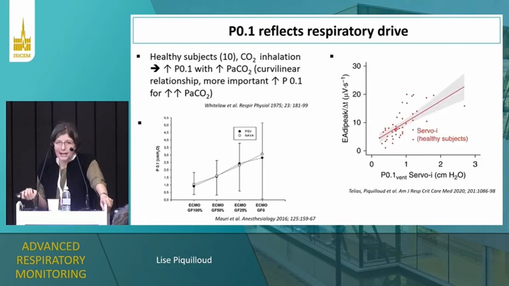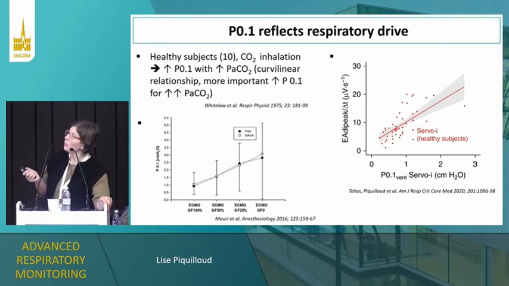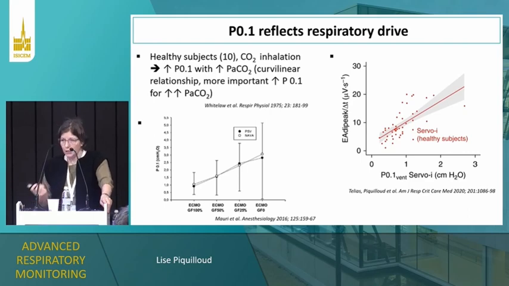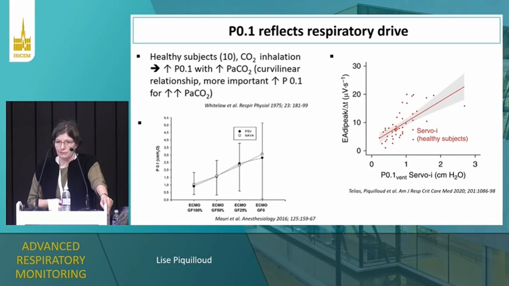And if you correlate the electrical activity of the diaphragm, I showed you, measured by the NAVA catheter, with P0.1 measured by the ventilator, you can see that the correlation is very good. Then this simple measurement really reflects your respiratory drive.